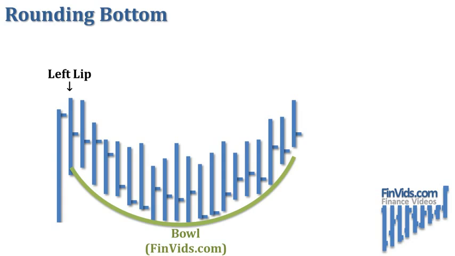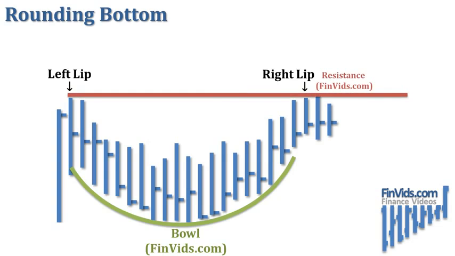The left side of the bowl where the pattern begins is called the left lip, and the right side of the pattern is called the right lip. Now usually prices hit the right lip at approximately the same price level as the left lip and begin trending sideways or retracing downward to create an area of consolidation.